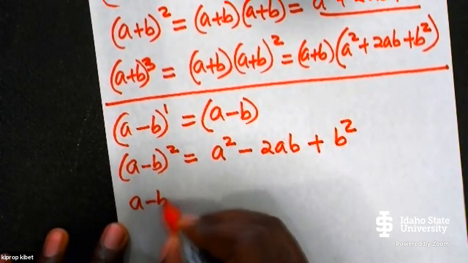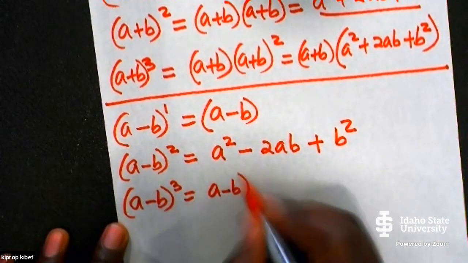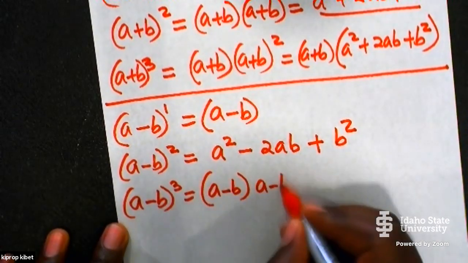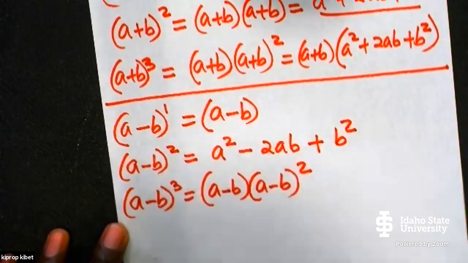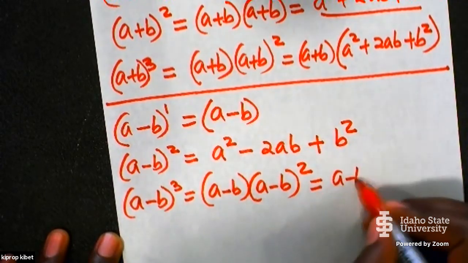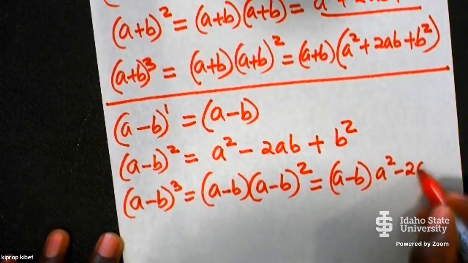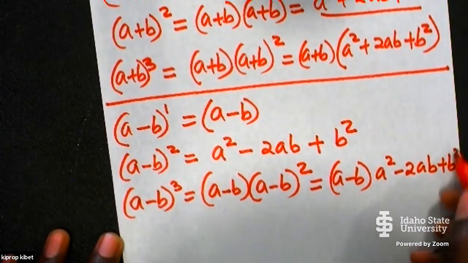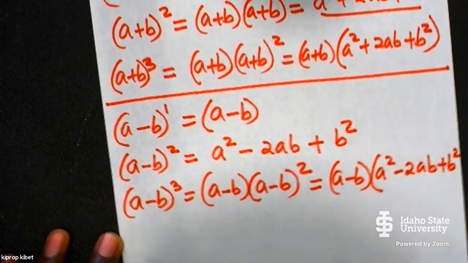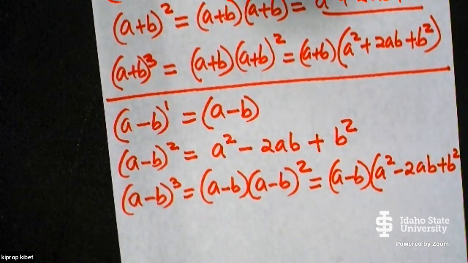A minus b cubed is the same as a minus b times a minus b squared, which equals a minus b times a squared minus 2ab plus b squared. So it is similar to that.